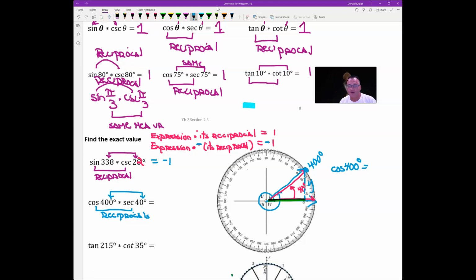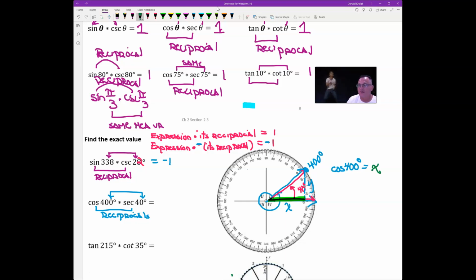This is the y-coordinate. That's the x-coordinate that I highlighted in green. All right, so the cosine of 400 is whatever this is. So it's some number x.